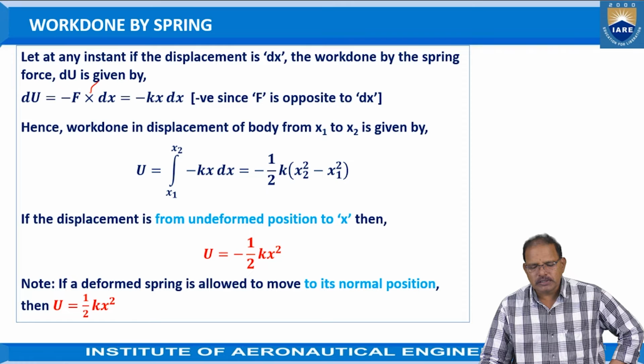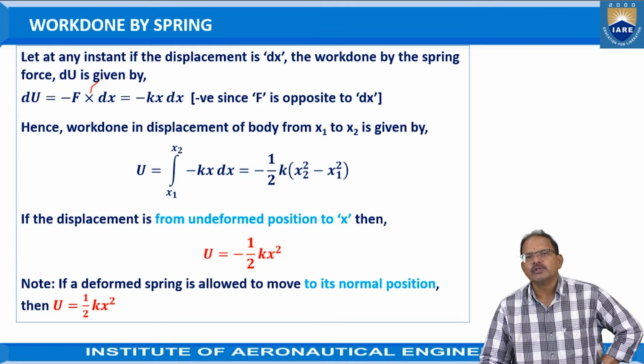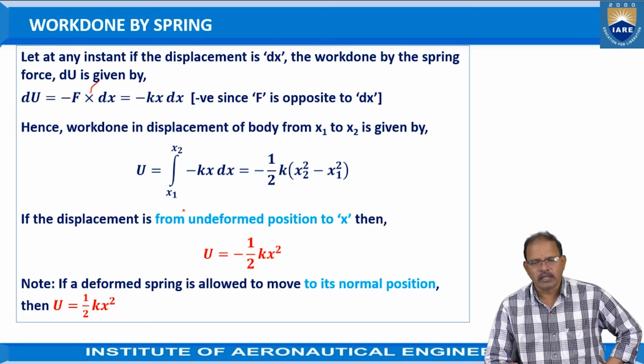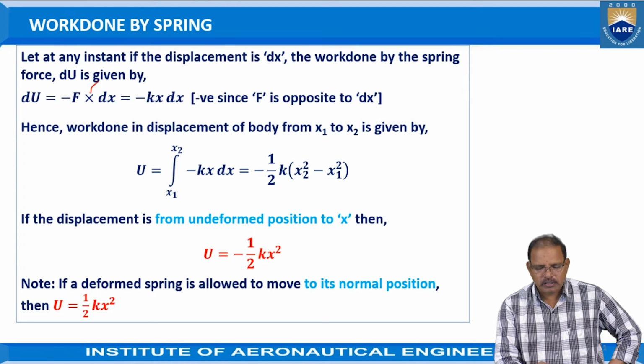Hence, the work done in the displacement of the body from x1 to x2 position is given by the integration from x1 to x2 of minus kx dx, which is equal to 1 by 2 k into x2 square minus x1 square. If the displacement is from the undeformed position, that means x1 is equal to 0 and x is the displacement, and the modified equation is U is equal to minus 1 by 2 k x square.